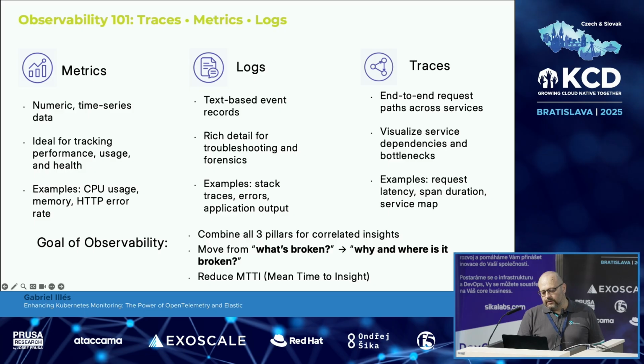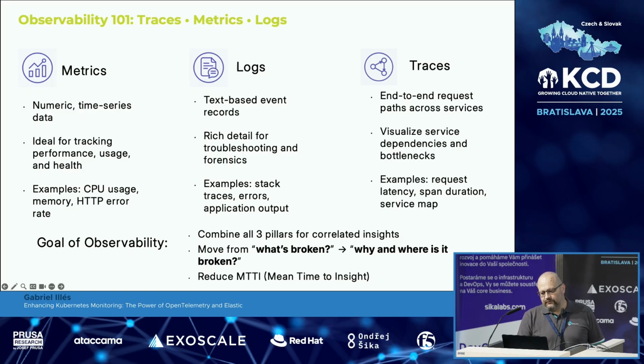Then the logs. These are the most detailed data, and you can see what's happening with your application or on the infrastructure level. But they are high volume and harder to query without structure.